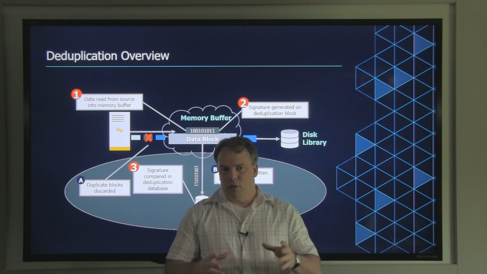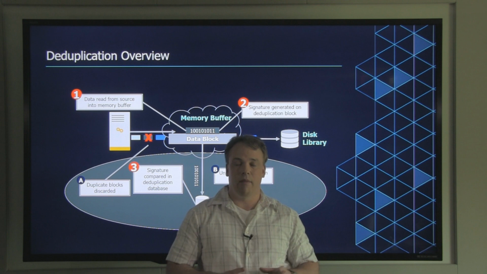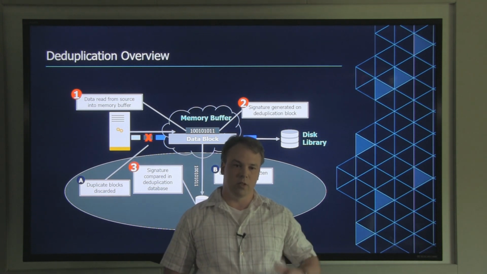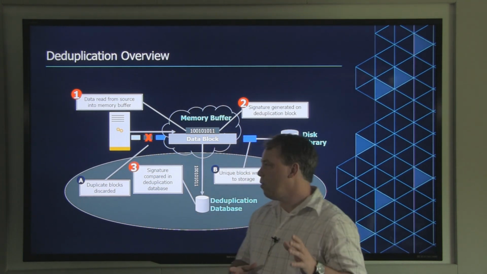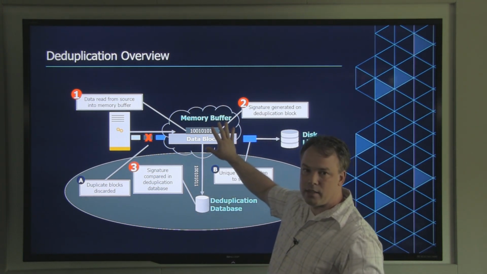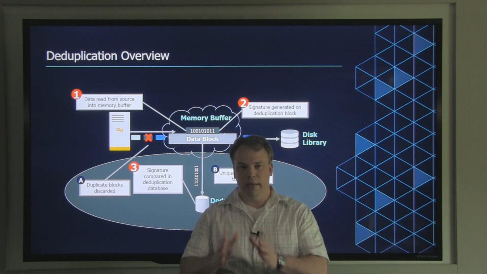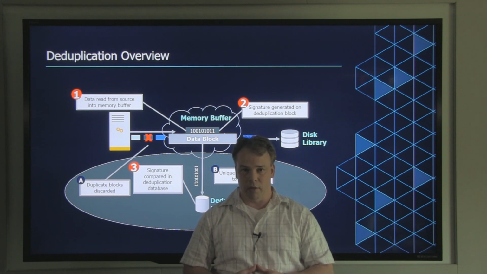I'm not going to say that is or is not the case. It really depends on what type of data it is and what type of Commvault agent you're using. That more applies to database agents than file system agents, which we can have a separate conversation about. But the idea of content-aware means we could use a larger block size and still get comparable and sometimes better deduplication ratios.